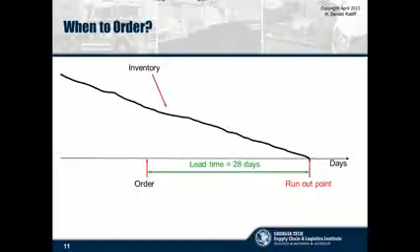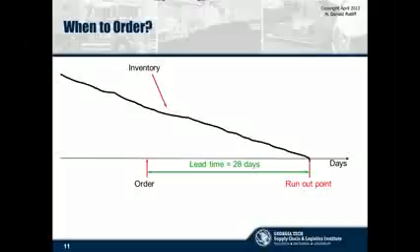And so if I can forecast the run-out point, if I know when I'm going to run out, and I can forecast the lead time, I know it's going to take, in this case, 28 days, then what I'll do is I'll back up 28 days before I'm going to run out, and I'll order.